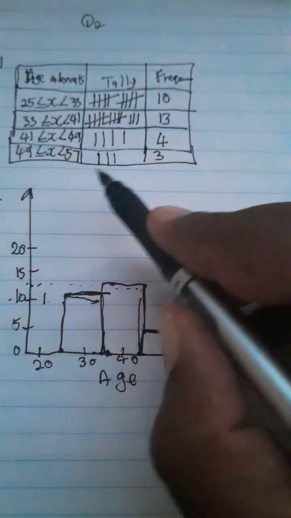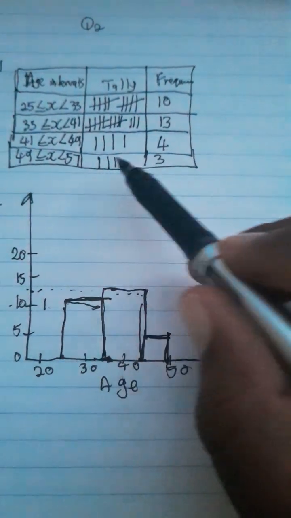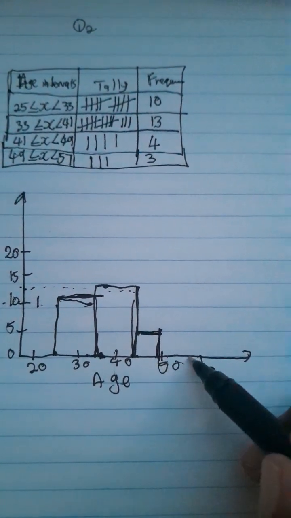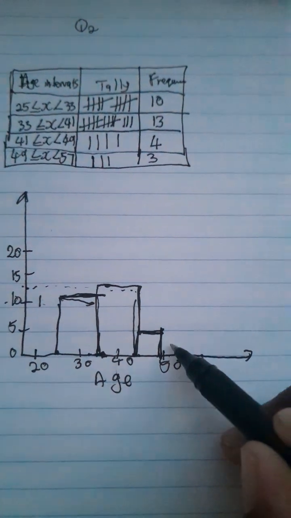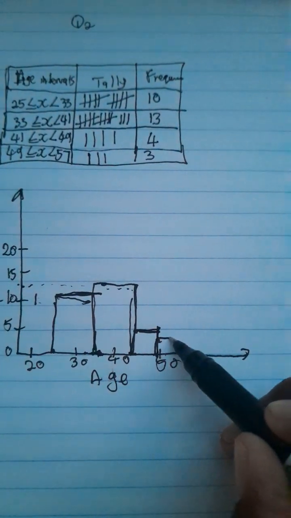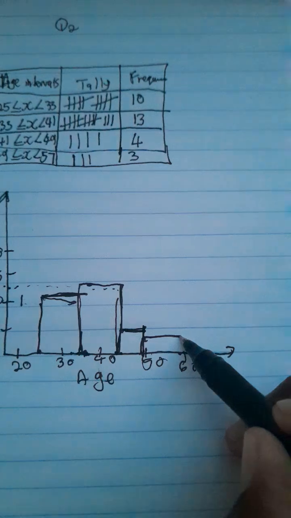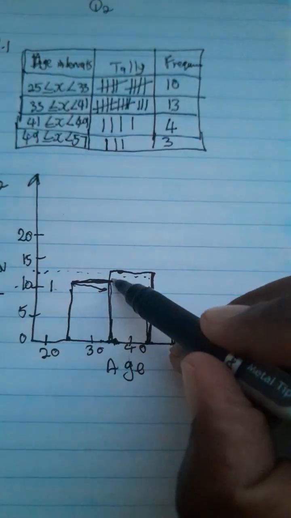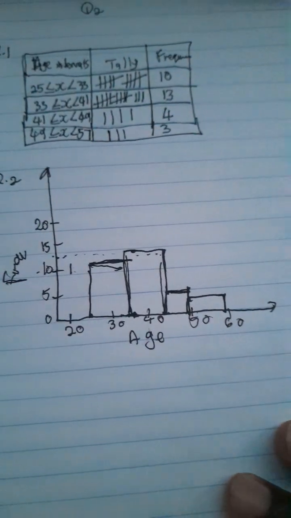And we also have the 49 to 57. 3 will be somewhere here. So you're going to have something like this, guys, right?